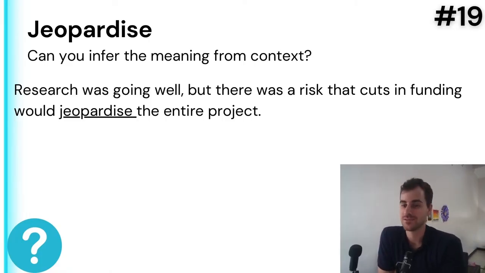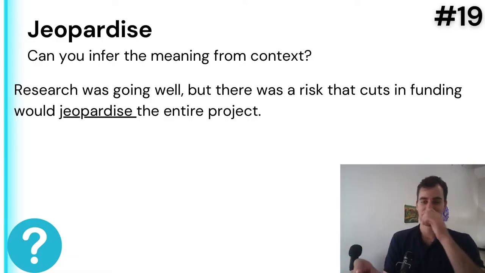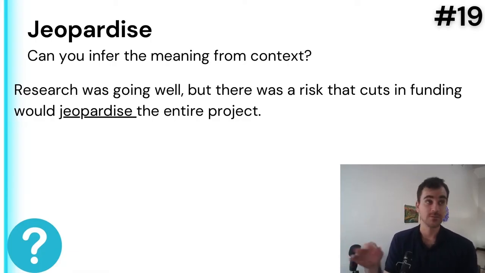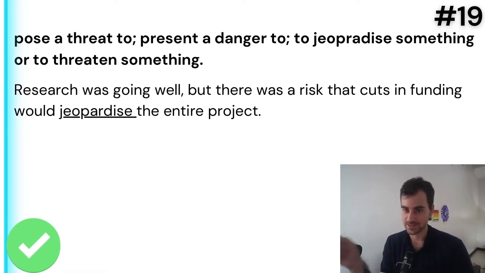Research was going well, but there was a risk that cuts in funding would jeopardize the entire project. So research was going well, but. So but entails the opposite. So what's the opposite of well? Poor or bad. It means to pose a threat, jeopardize, present a danger, to threaten something.